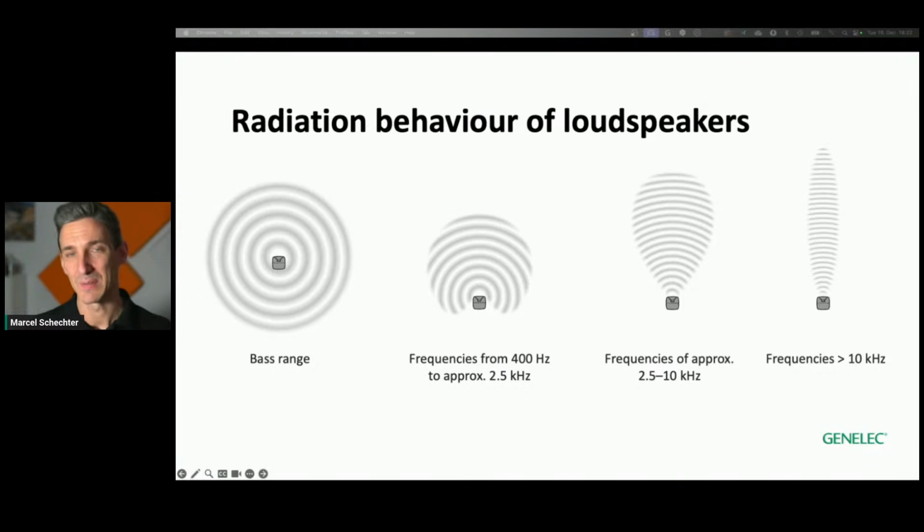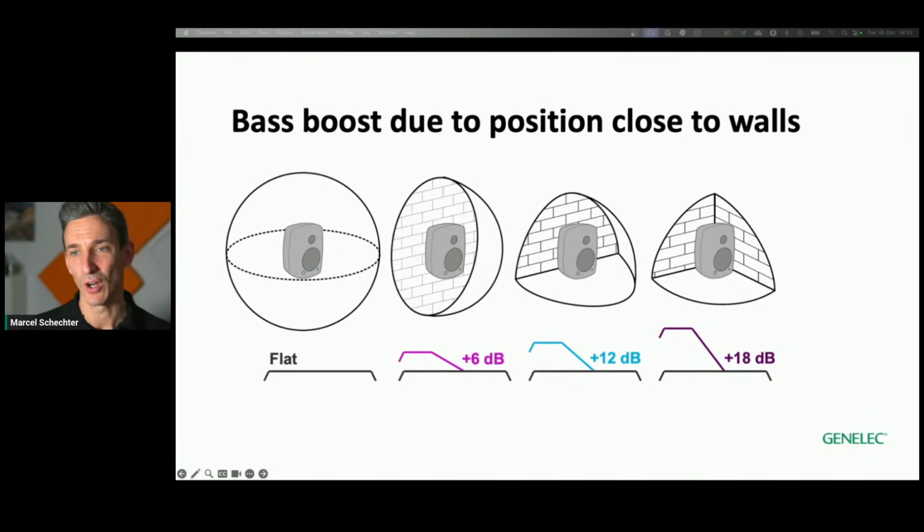With mid and high frequencies, the speaker gets more directive and you get more so-called directivity control. So we can really make sure that the sound is somehow arriving at your listening position, at your listening area, and not anywhere else. But with lower mids and especially the bass, it's always omnidirectional. Because of that, we also have this issue. I would not call it an issue because we can make use of it, but let's say this is one of the effects you should be aware of.